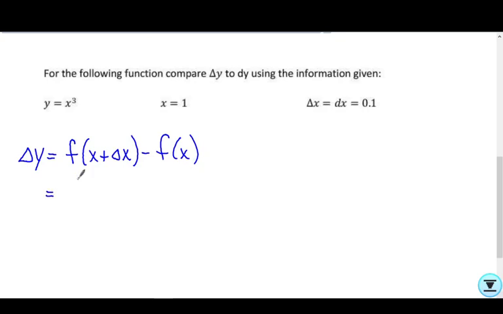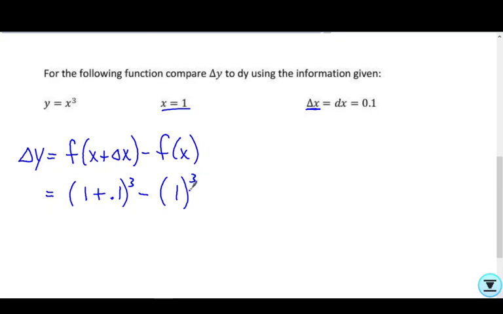Which means, my function is x cubed, so this is going to be x, which is 1, they gave it to me right here, plus my delta x, which is right here, 0.1, cubed minus 1 cubed.